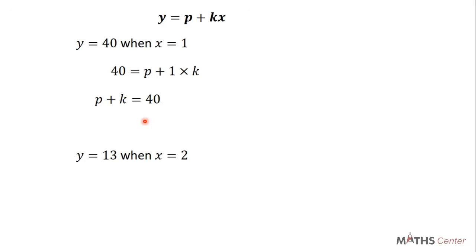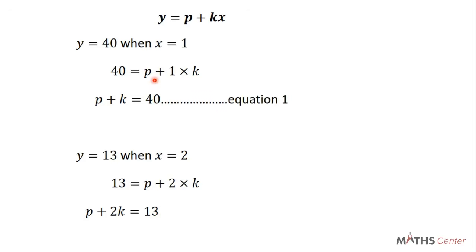The question also told us that when y is equal to 13, x is equal to 2. That means that we can replace y with 13 and x with 2. So if you do that, you are going to have 13 is equal to p plus 2 times k. And that will give us p plus 2k is equal to 13.